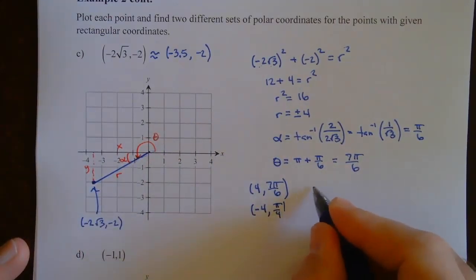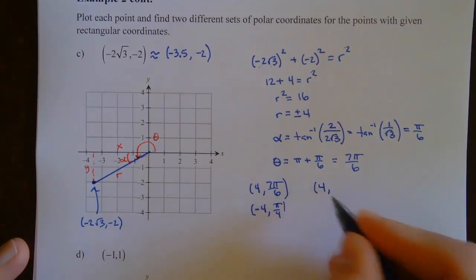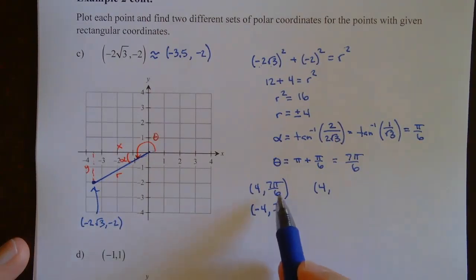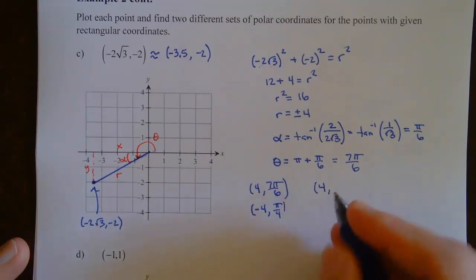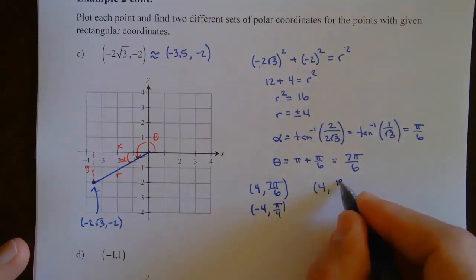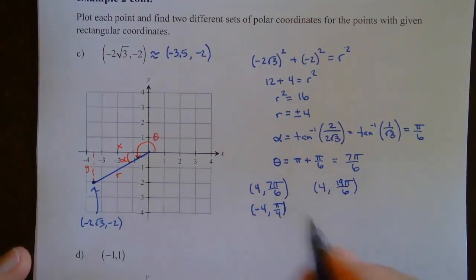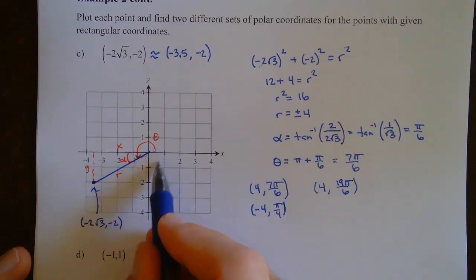You could also do the same radius of 4 and go around more than once, right? So if you go around more than once, a full rotation back around would be 12 pi over 6. So this would be 19 pi over 6. So those are 3 examples, right? We could also do, if this is pi over 6, we could rotate this way, right?